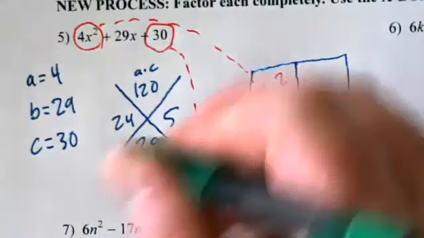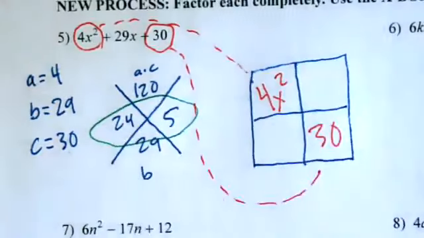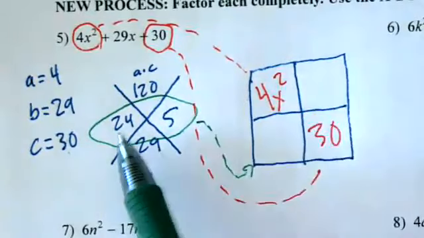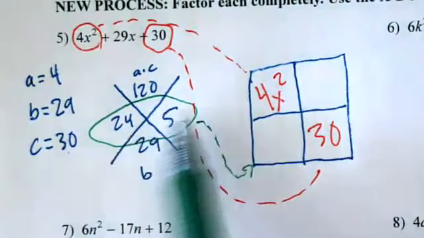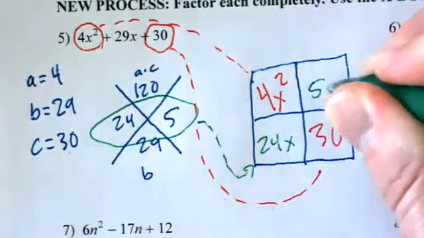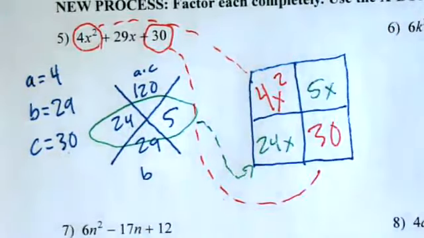And then the answer that you got from your diamond problem, from your X, goes in the other 2 spots. It doesn't matter which one we put where, but they both need an X after them. So 24X and 5X. So that's step 4. That's our first new step.